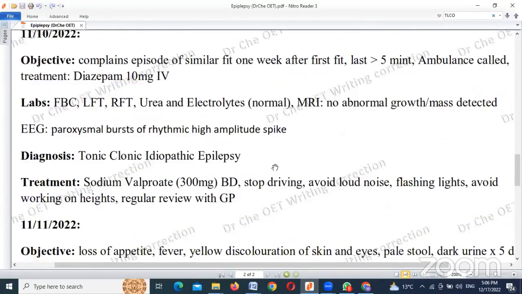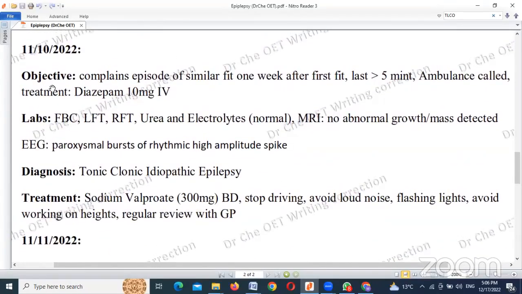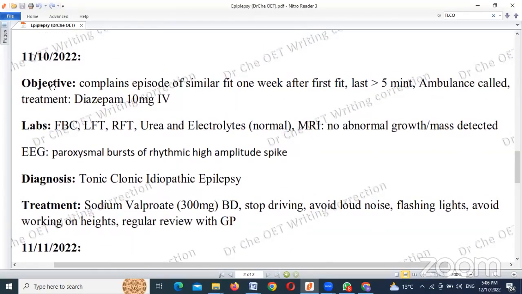Okay, now let us move to the next visit. So here, in the second visit, the patient came for review and complained that she had one episode of fit, one week after the first fit, and it lasted more than 5 minutes.